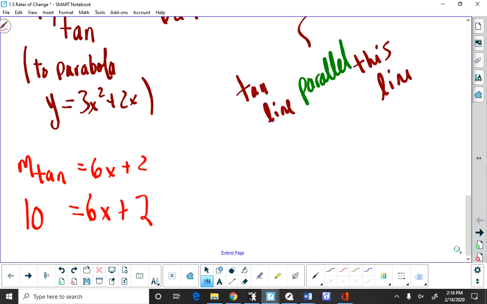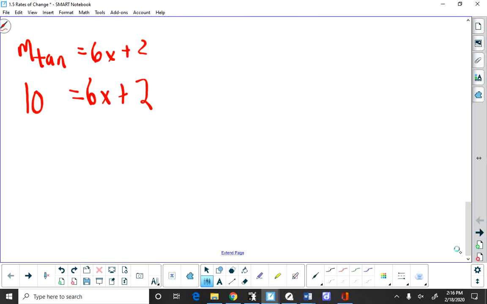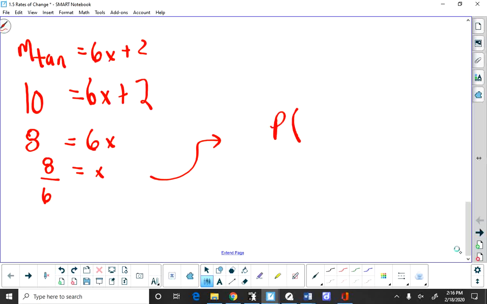So if I solve this equation, it's a pretty trivial equation to solve. I subtract 2 from both sides and get an x-coordinate of the point being 4/3. Now we can discuss how far to go with this. I could just answer the question and say it's at the point on the function where x is 4/3. I could go further and find the y-coordinate.